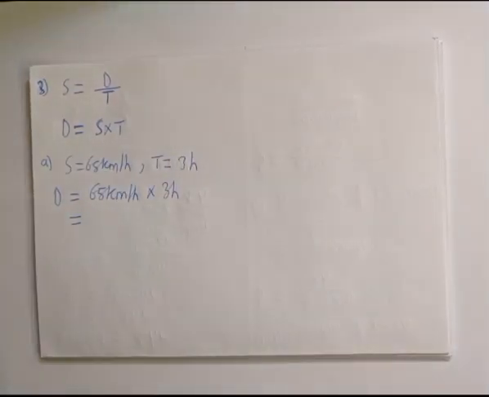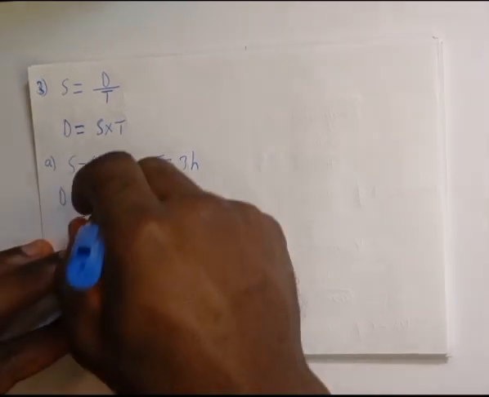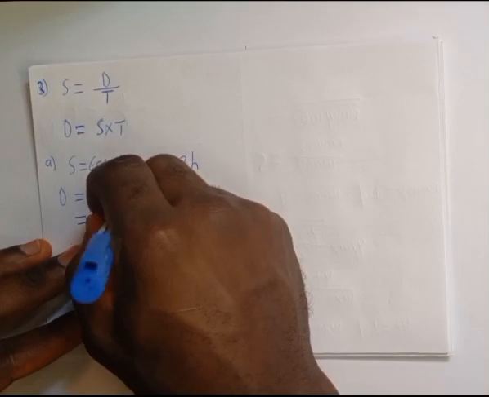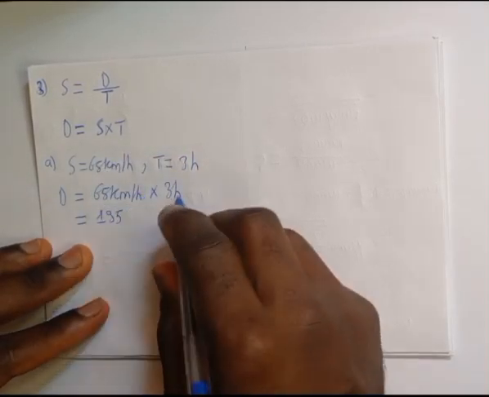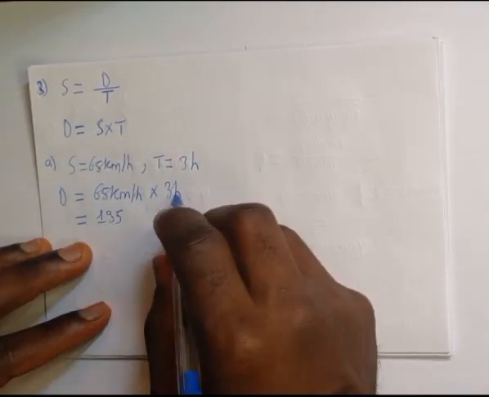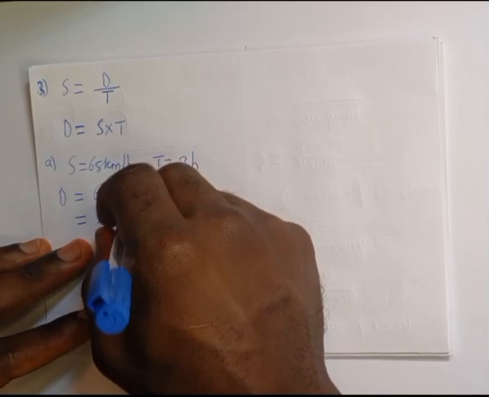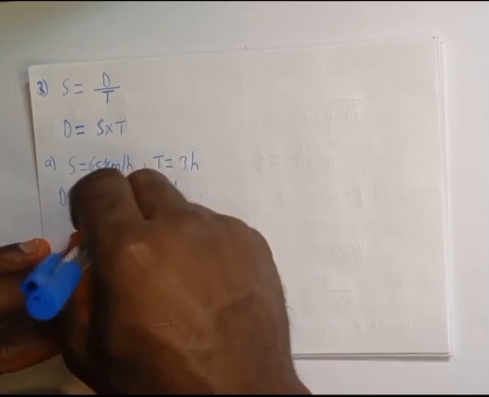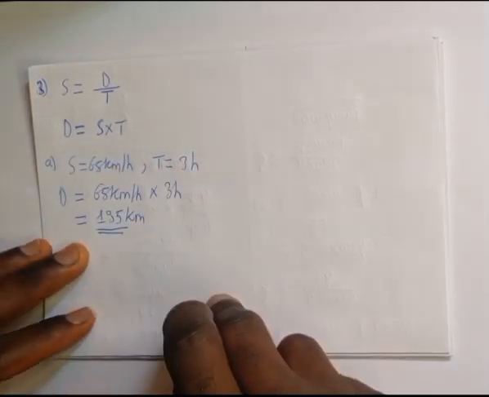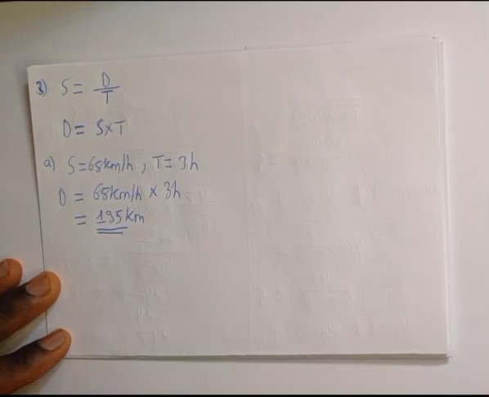This will give us 65 times 3, which is 195 kilometers per hour times hours. Hours will strike off, we'll be left with kilometers. The distance traveled by the object is 195 kilometers.